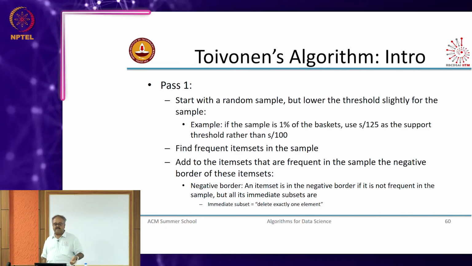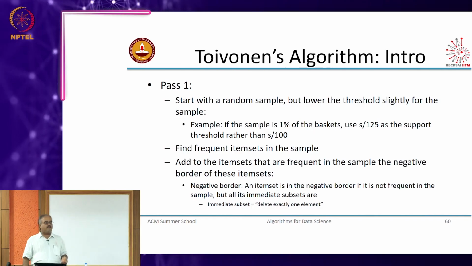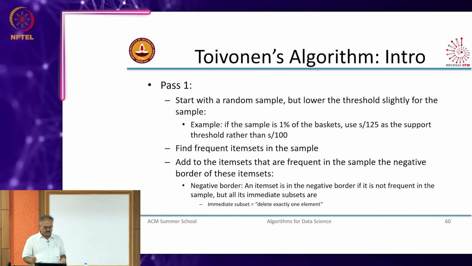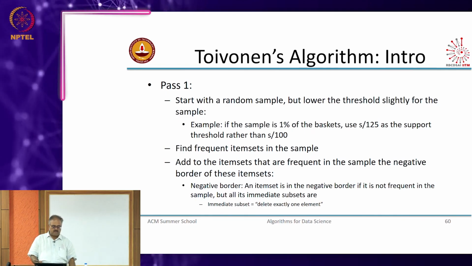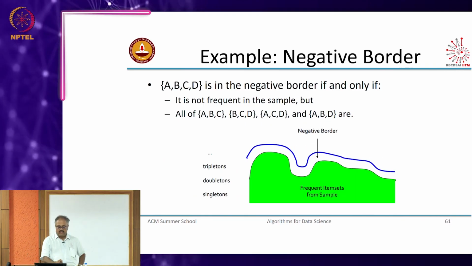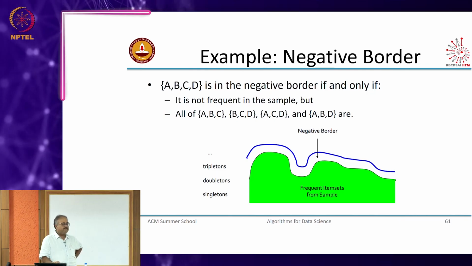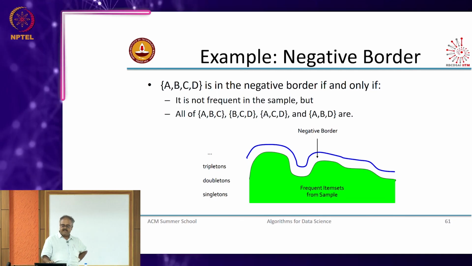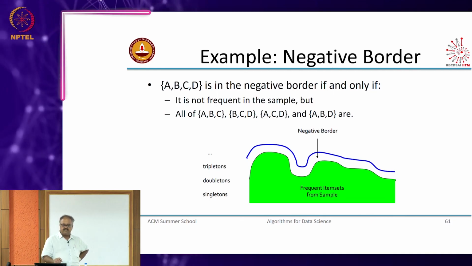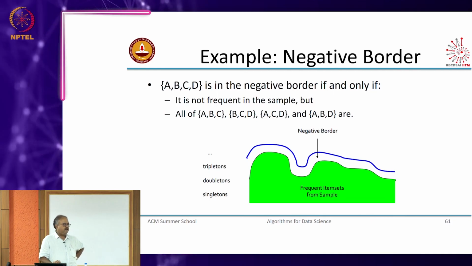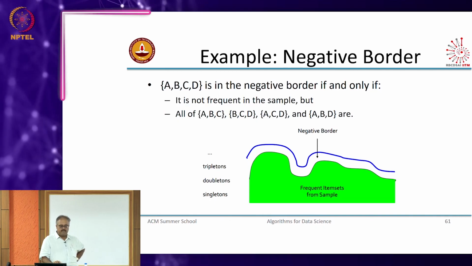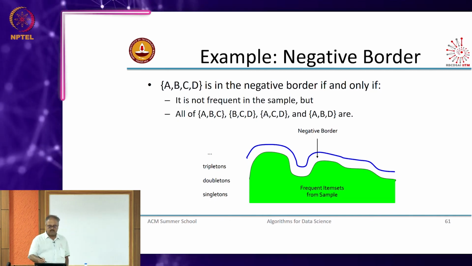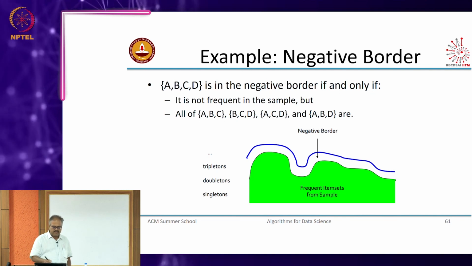So what do I mean by that? ABCD is not frequent, but ABC, BCD, ACD and ABD, all the 4 subsets that I can form, are frequent. That's what I mean by the negative border. So ABCD will be in the negative border.